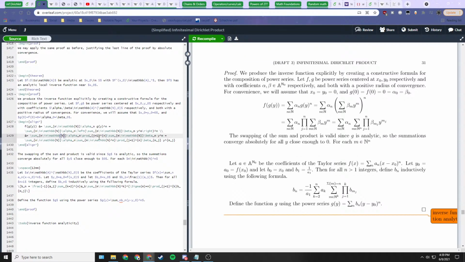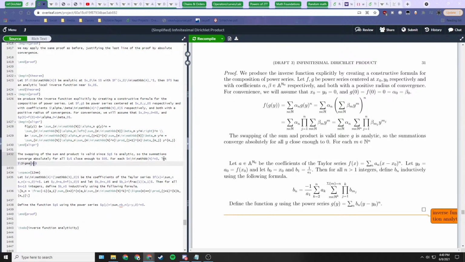Okay, so for each m in natural power n, let capital sigma of m be defined as m1 plus m2 all the way up to m sub n.